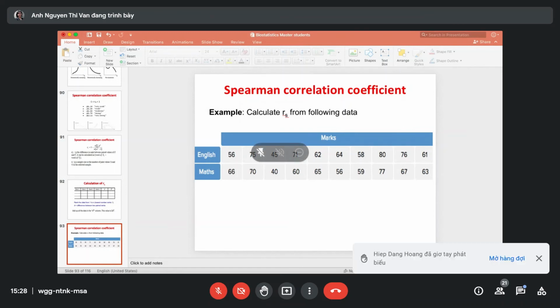What is a non-parametric test in this case?